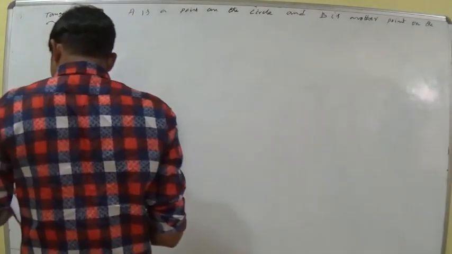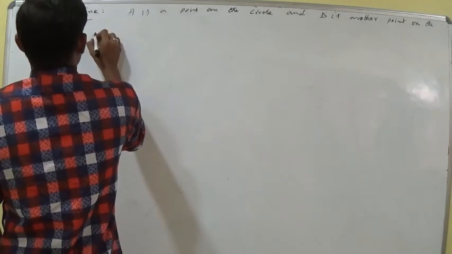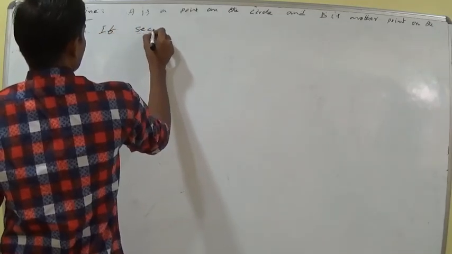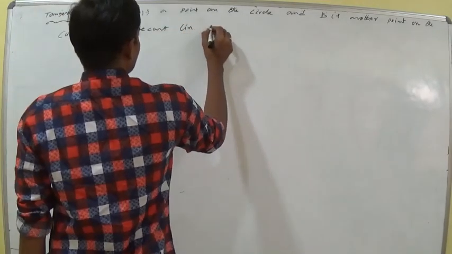If the secant line, what is the secant line here?